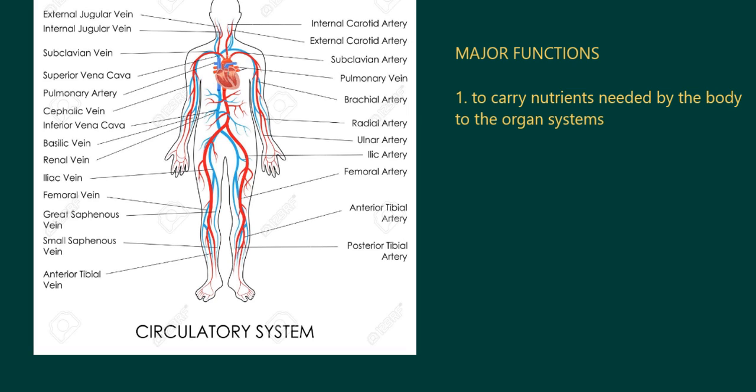So the job of the circulatory system is to carry nutrients needed by the lungs, your stomach, in order to function. In the case of the lungs, it's in order to breathe, and in the case of the stomach, it's in order to digest your food. The way the stomach and the lungs are able to do this is by getting nutrients and energy carried by the circulatory system.